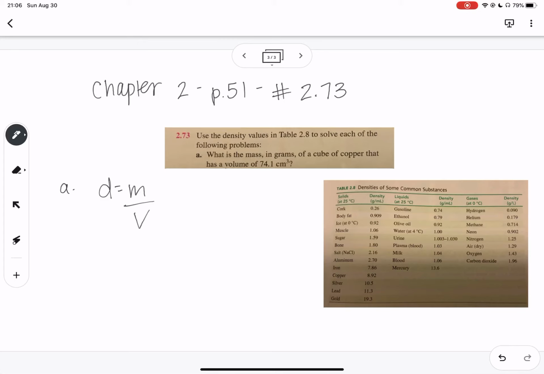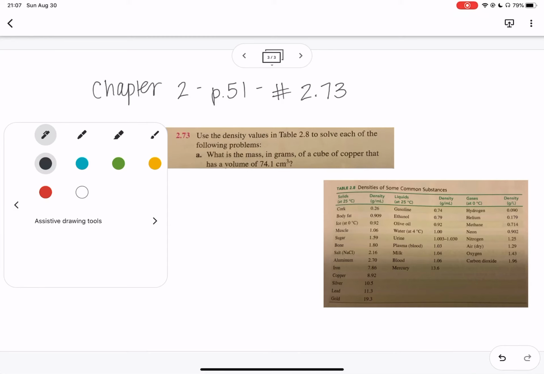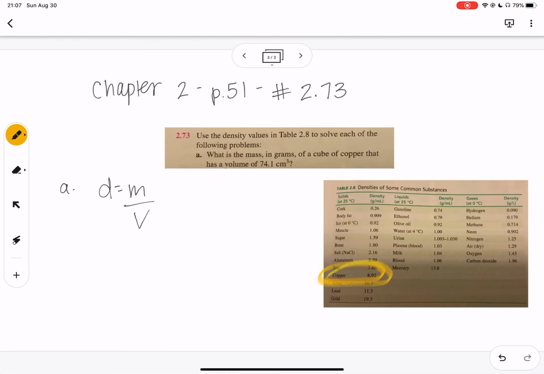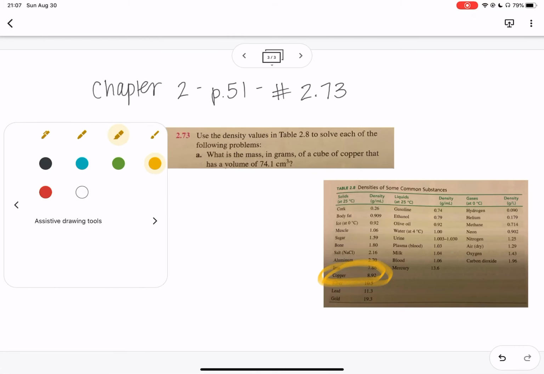It says, what is the mass in grams of a cube of copper that has a volume of 74.1 cubic centimeters? And it also tells us to use the values in table 2.8. I stuck table 2.8 here for us. And what I want to do is highlight copper. It's down here, 8.92.